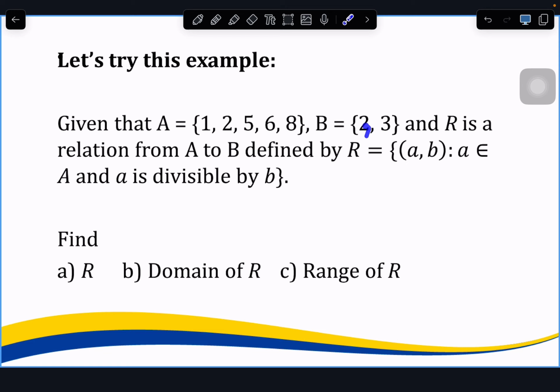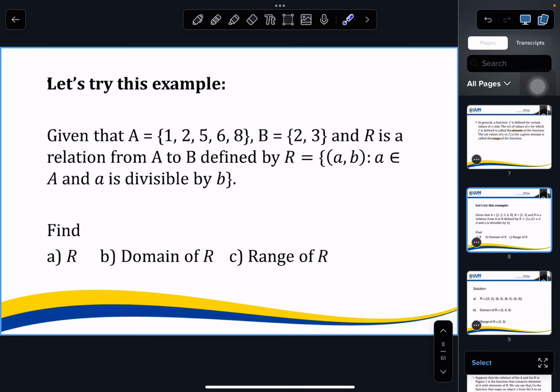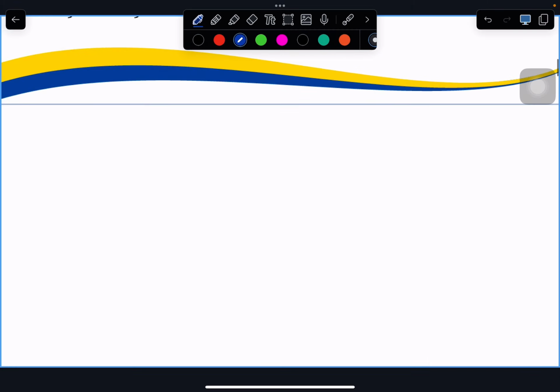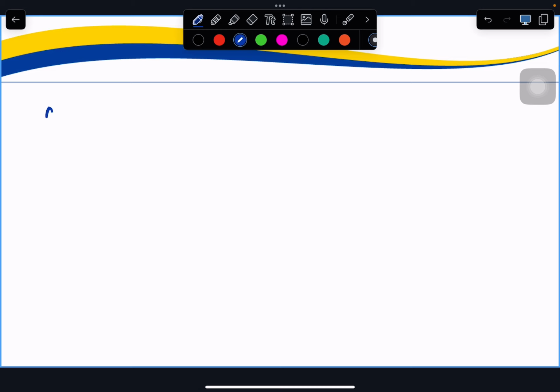Alright. And R here, a is an element of A. So what are the elements of A? We have 1, 2, 5, 6, 8.